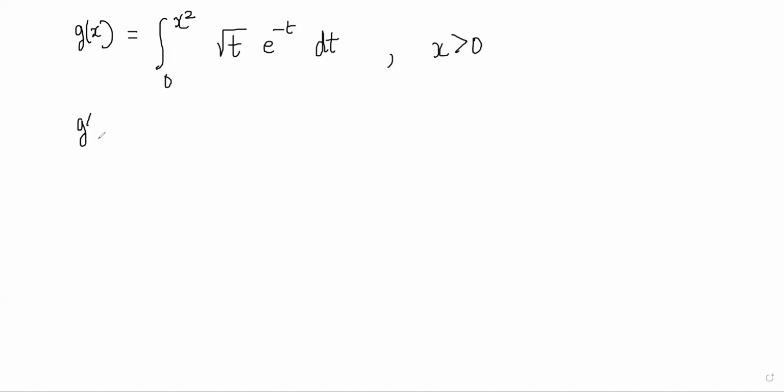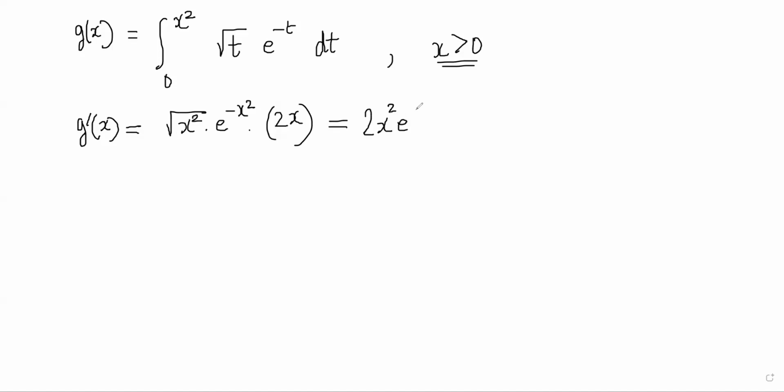If I try to do g'(x) here, again by the Newton-Leibniz formula, we get √(x²) e^(-x²) into 2x. That's it. And since x is positive, √(x²) is plus x. So we get 2x² e^(-x²). This is my g'(x).